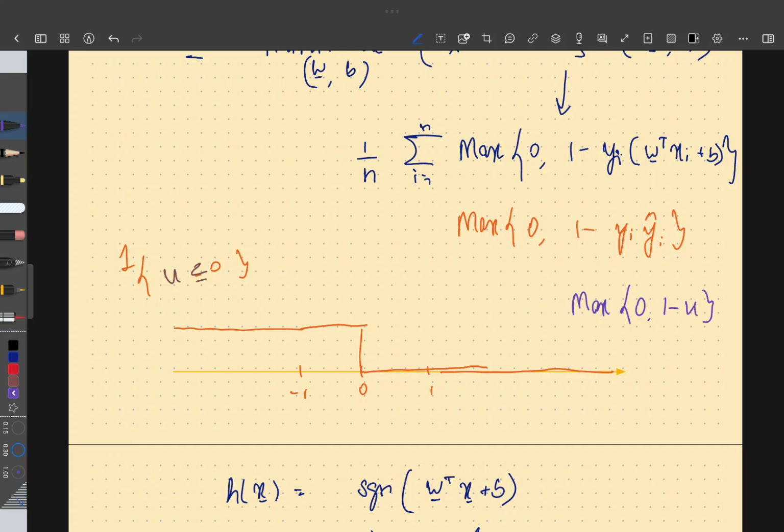What would this look like? For u greater than 1, what is it equal to? It's equal to 0, right? So it's equal to 0 for u greater than 1. And what happens for u less than 1? It's equal to 1 minus u. So it looks like this.